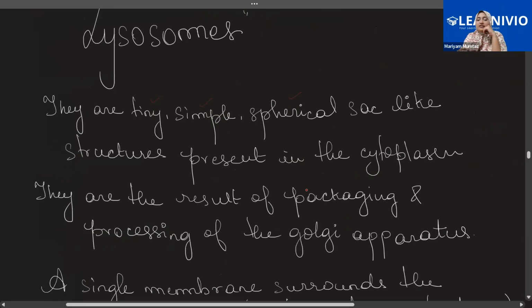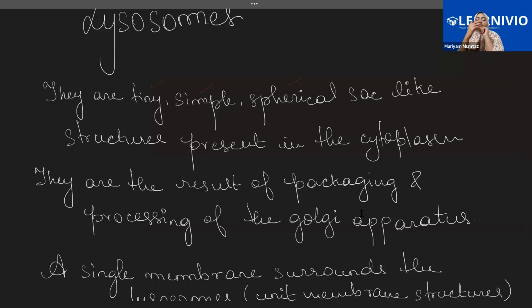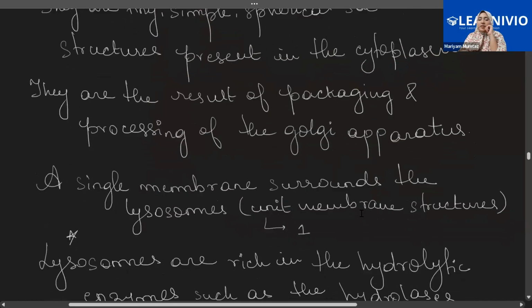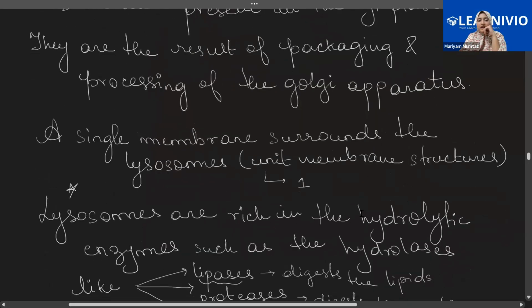They are the result of packaging and processing of the Golgi apparatus. Once the Golgi apparatus is done packaging and processing, the lysosomes are made. A single membrane surrounds the lysosome, meaning it is surrounded by only one membrane and not more than that. It is a unit membrane structure.